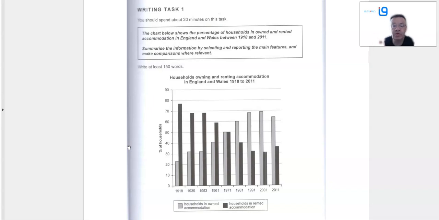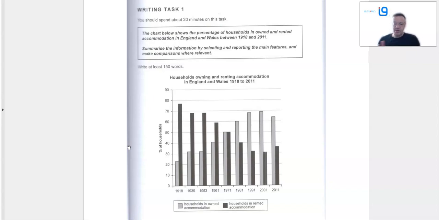So in your introduction you include what's on the x-axis, what's on the y-axis, owned and rented, England and Wales, put the time period, then the overview, obviously the key trends. Maybe there's a correlation, we can't really say because that's not the remit of what we're doing here. All we can say is that one has gone down and that has gone up. So this one's pretty straightforward.